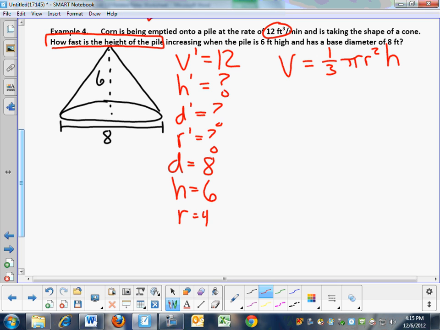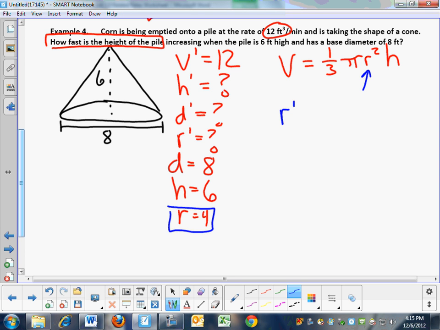Well, if we're trying to solve for the rate of the height of the pile, we have to have h in there. We can't have this r. You might say, well, Mr. Gantz, we currently know that r is 4. So is that really a problem? Well, if you notice, if we were to take the derivative of that, we would have to use the product rule.